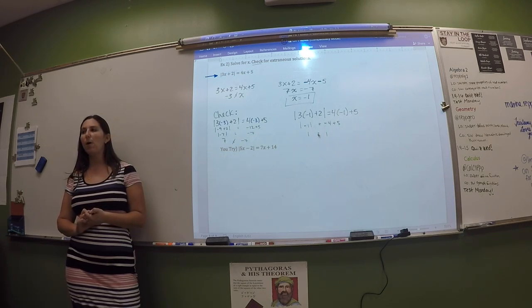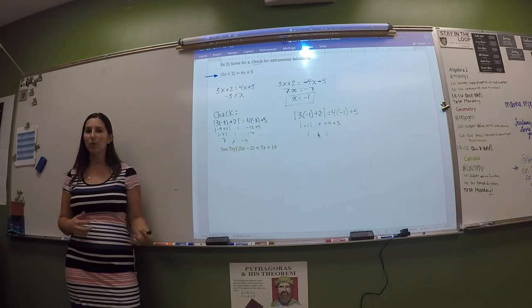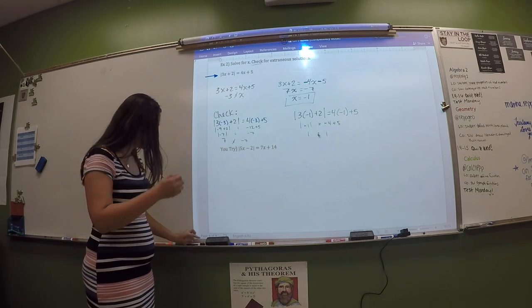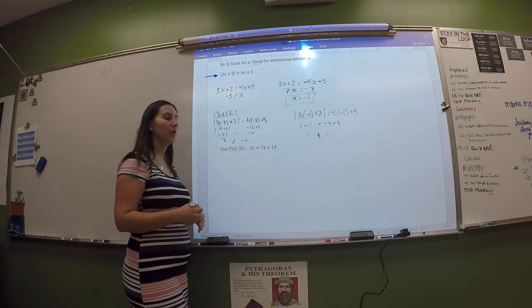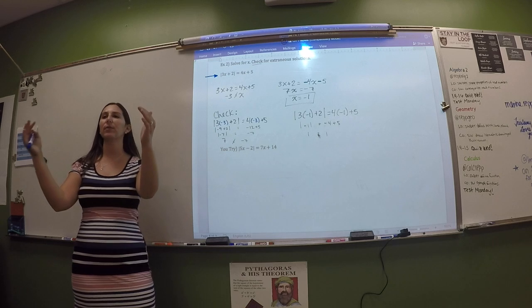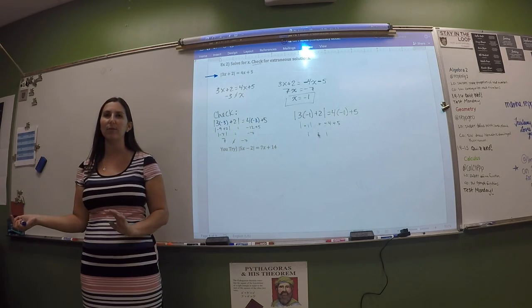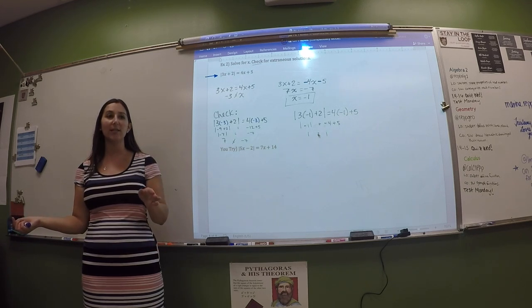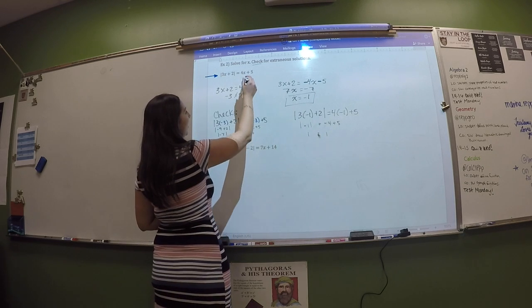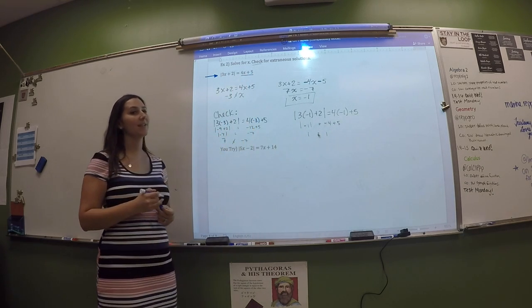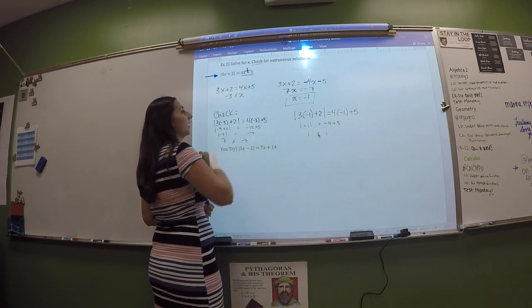Now, if you are short on time and you don't have time to plug everything in, you can half plug it in. Assuming you did everything right and you're just checking for an extraneous answer, you can just plug it back into the right side, since that's the only side that matters anyway, and as long as it's positive, you're good.